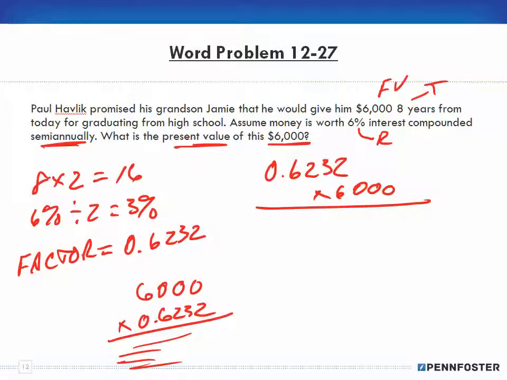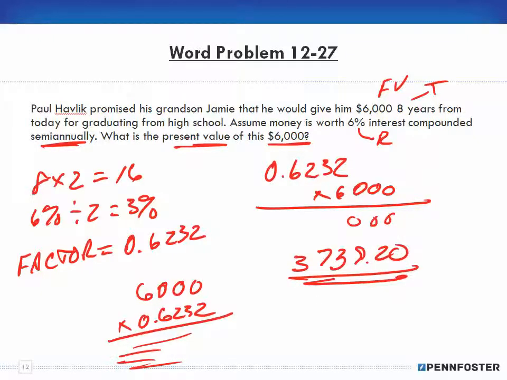Since it's multiplication, it doesn't matter which order you're doing it in. If I multiply the 0.6232 by the 6,000, I can just bring down my zeros and then do the math across here, and I end up with $3,739.20. Okay, so that's the present value of the 6,000. Or if you use the calculator, you don't have to mess around with any of that at all.